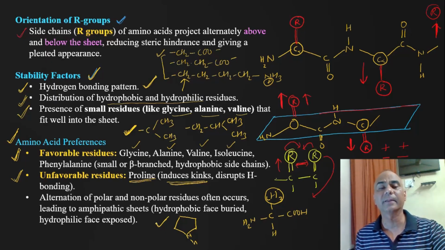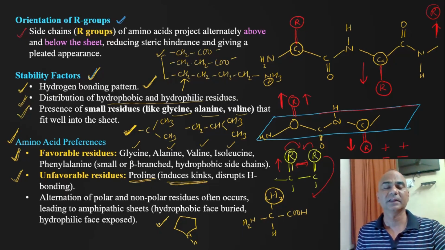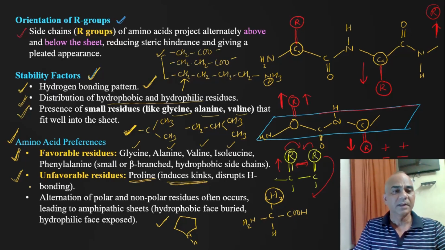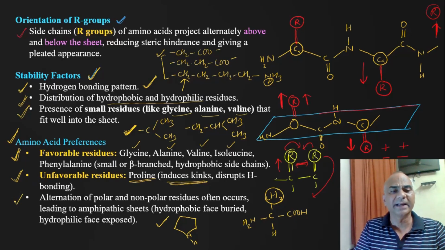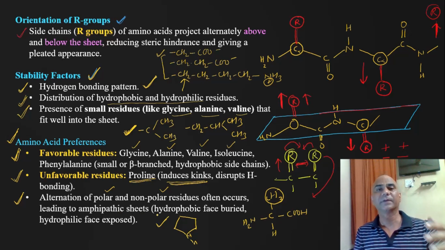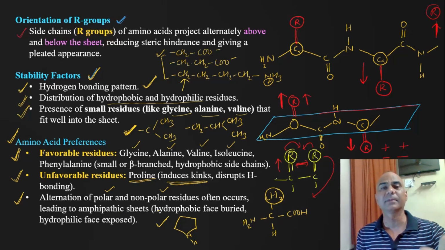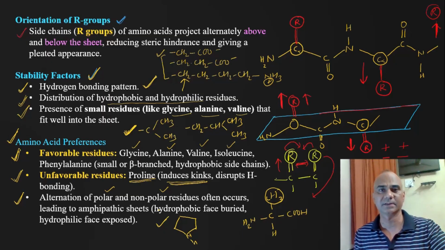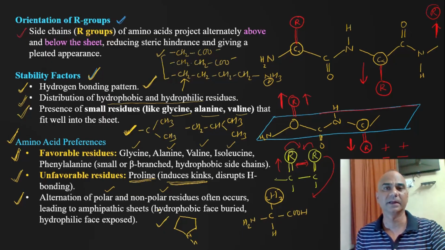I have already explained in detail in the previous video the types of amino acids and the alpha structure of the protein. Similarly, alternation of polar and non-polar residues often occurs, leading to an amphipathic sheet. We can say in simple language that some beta sheets contain both kinds of amino acids, hydrophilic and hydrophobic.